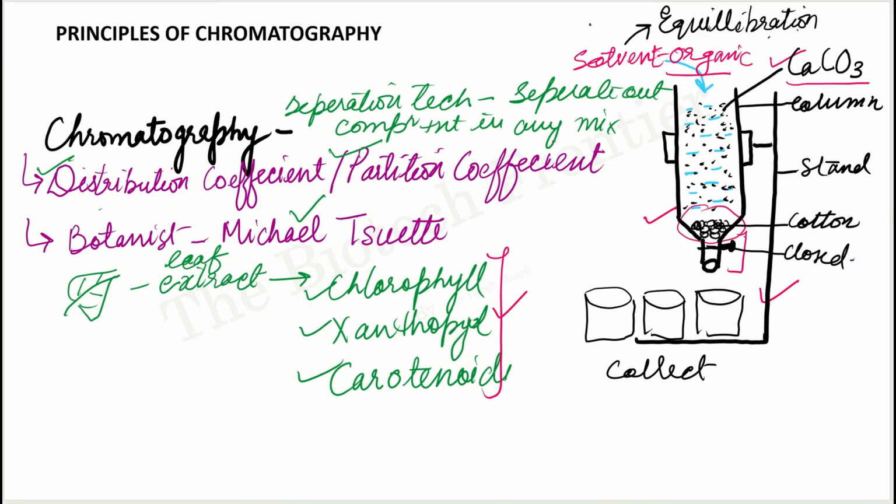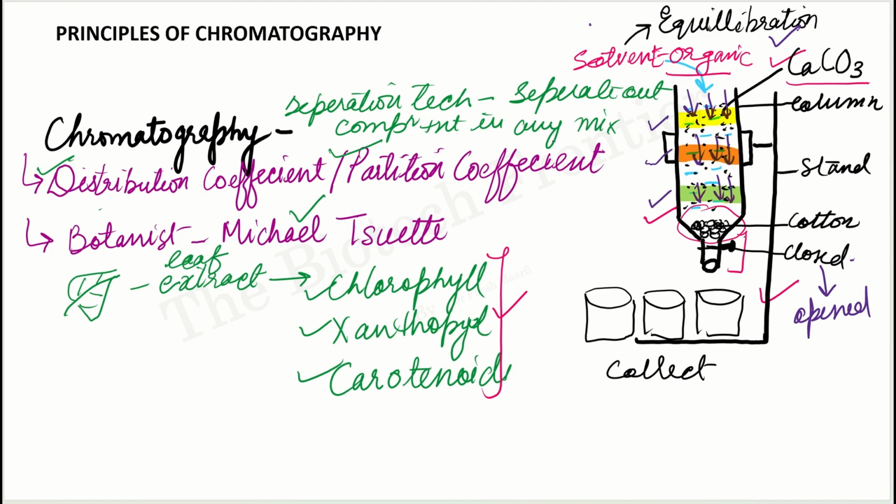After equilibrating the whole setup, Michael opened the column and allowed the leaf extract to pass through it. Within a few minutes, he observed bands of different colors in the column: green at this position, then orange and yellow at this area.